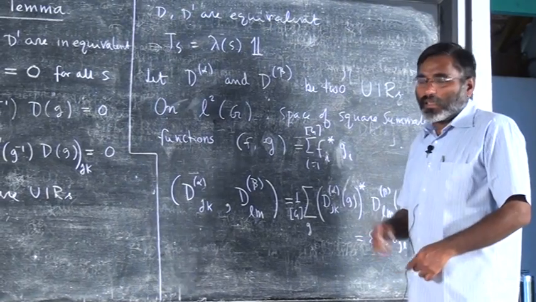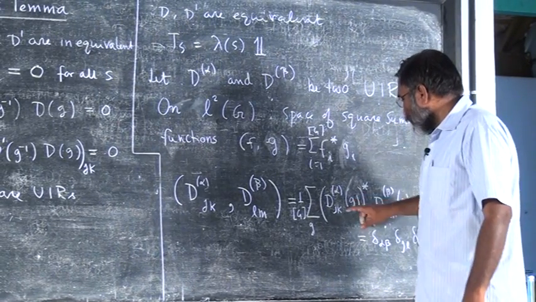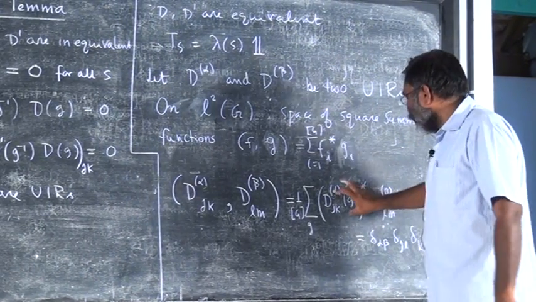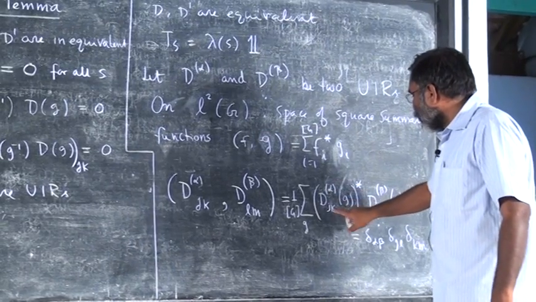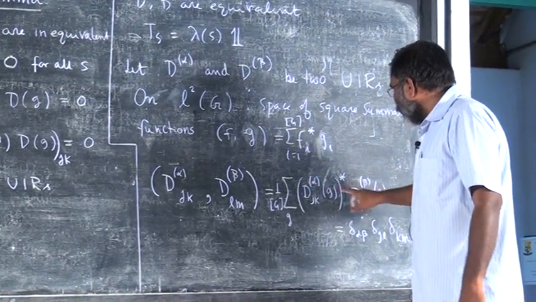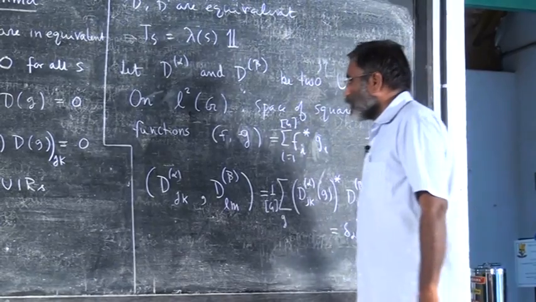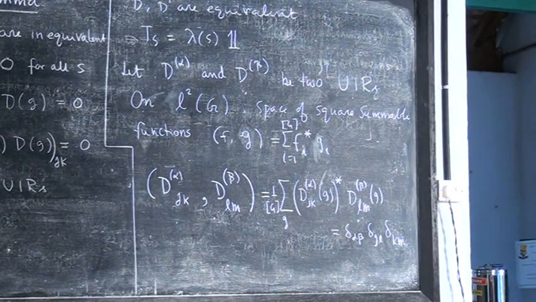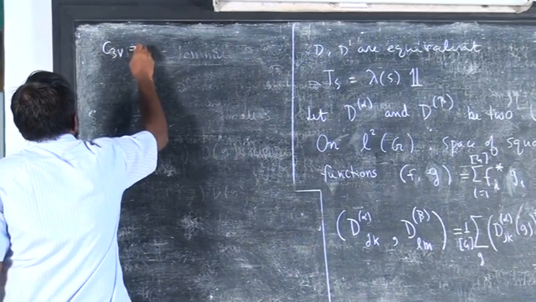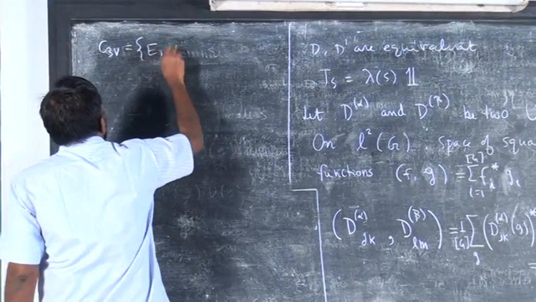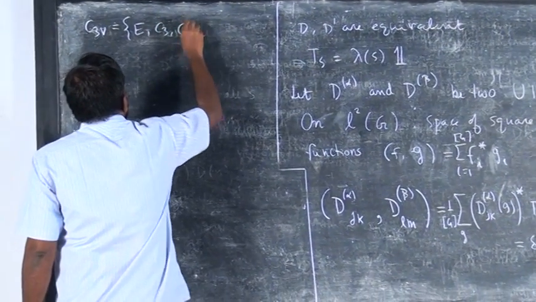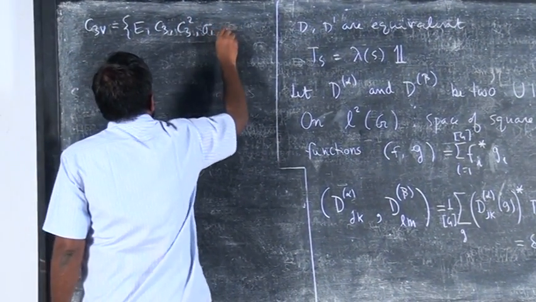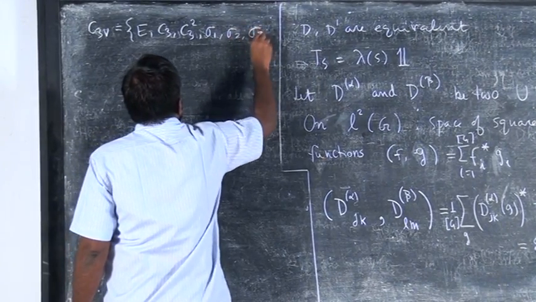So, the great orthogonality theorem essentially tells you that if you have two irreducible representations, what actually this means, let me just illustrate it. The group has elements E, C3, C3 squared, sigma 1, sigma 2 and sigma 3.